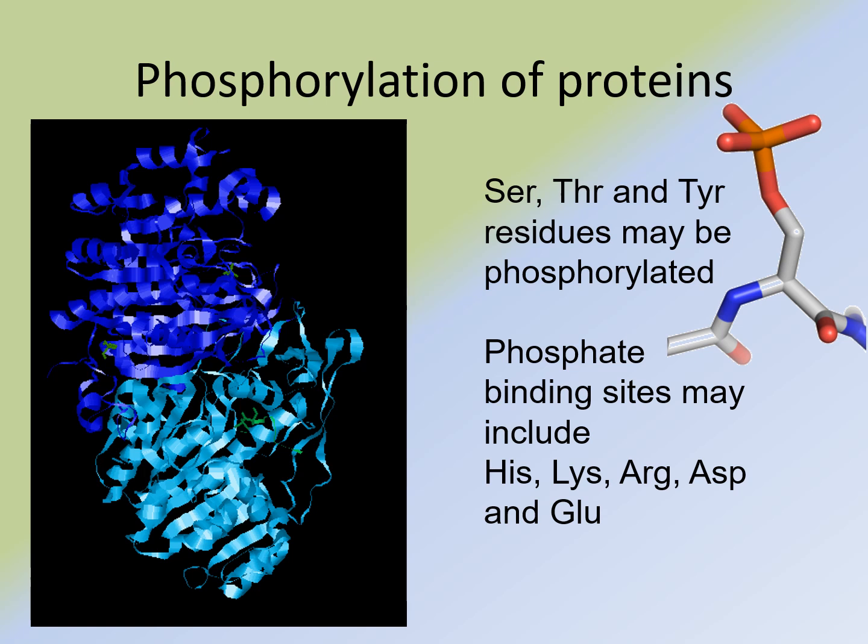It's a different story. And phosphorylation, as you might know, is the way to regulate the activity of an enzyme. Some enzymes are active in the phosphorylated state, others are active in the dephosphorylated state. Well, that's how they are regulated.